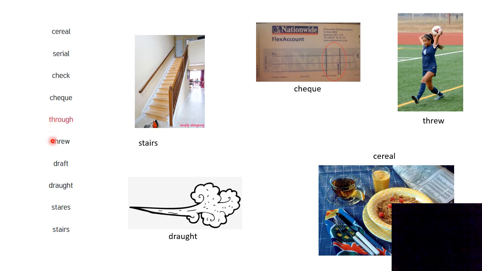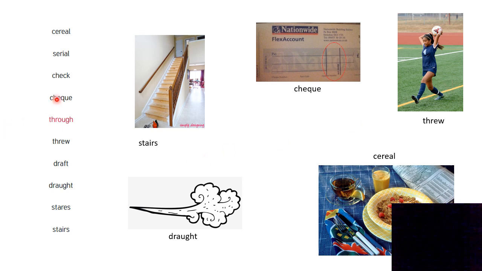However, this one underneath is quite easy. It's got the oo sound, E-W. And I've put this picture here because it is the past tense of throwing a ball. So you've got throw, but the past tense is threw. She threw the ball. And a lot of people get these two confused.